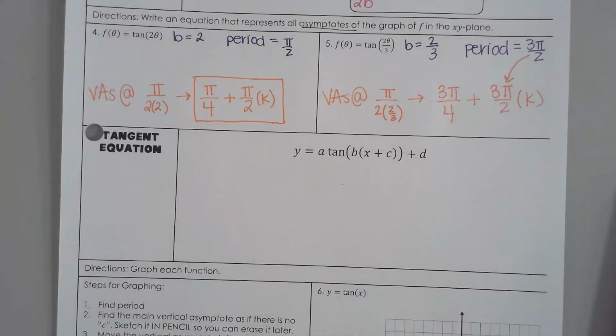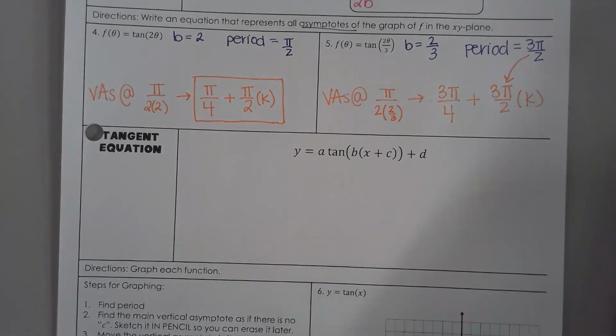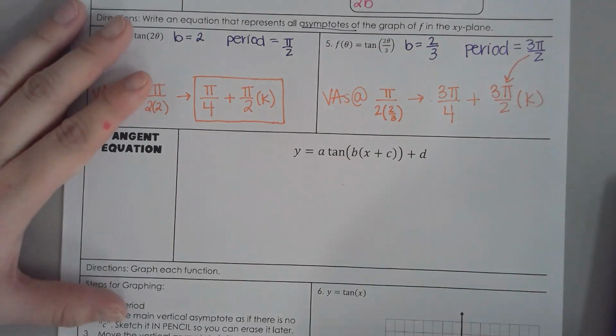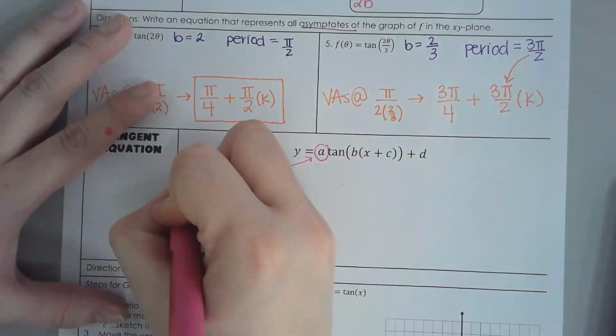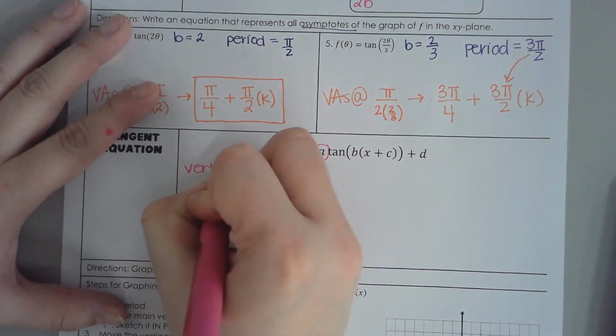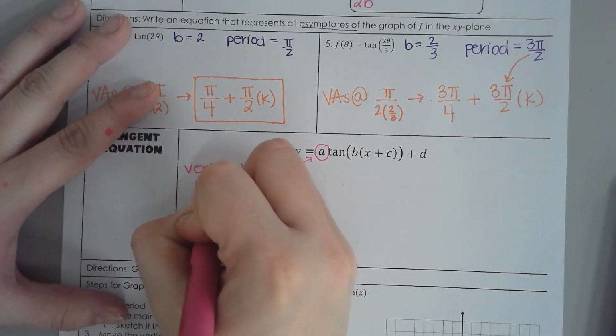Now, with the equations, it's very similar. You're still going to have an A. We're not really going to refer to it as the amplitude, and the graphs of tangent look way different than sine and cosine. But still, that number is a vertical dilation.